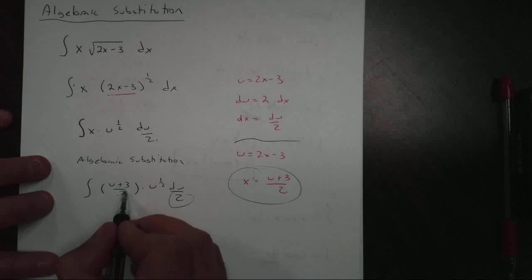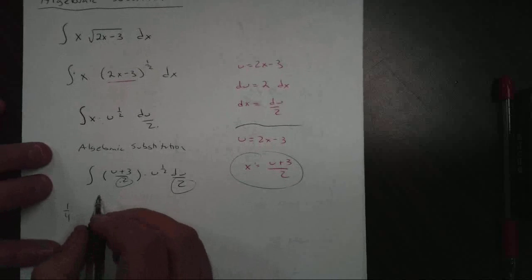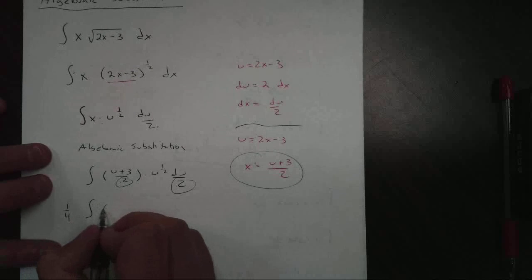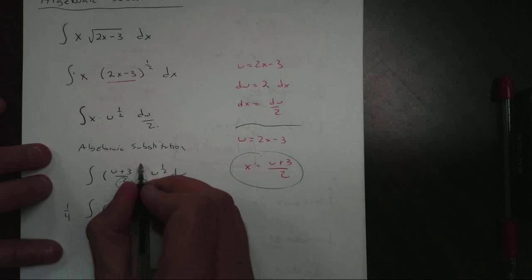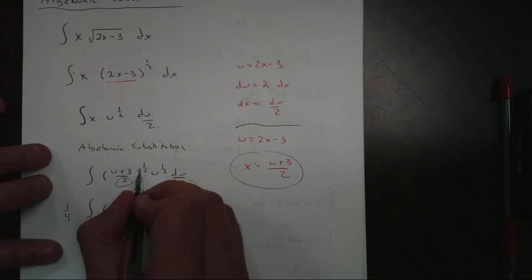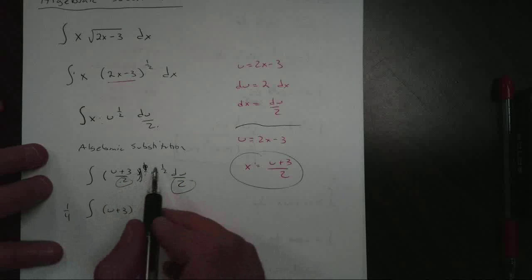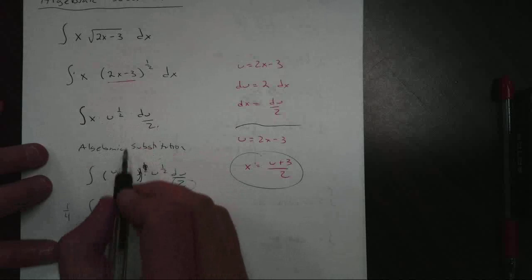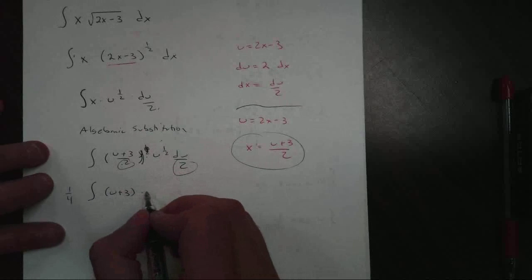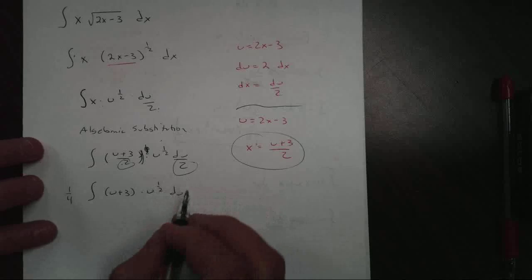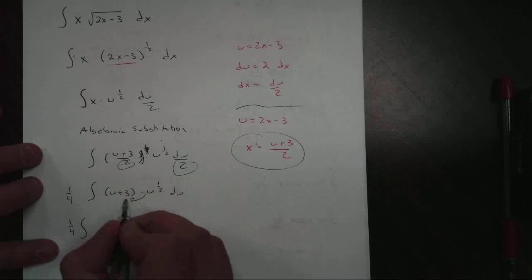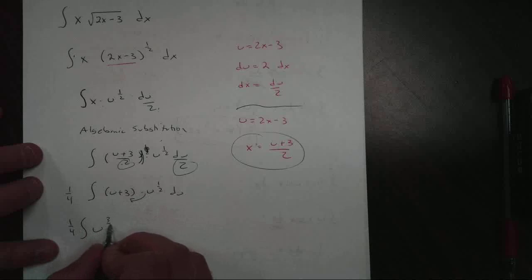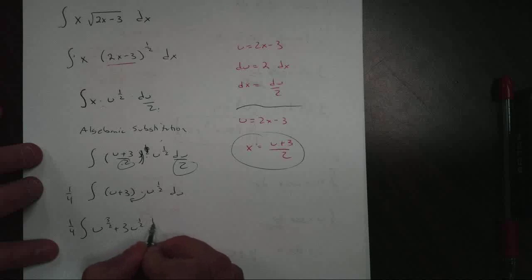But I do have two constants here. I'm going to take them out. That becomes 1/4. And this becomes u plus 3. Whoops, I forgot my 1/2. Oh, no, never mind. There's no 1/2 there. I messed up there. Sorry about that. I misread my problem. So, times u to the 1/2 du. So when I distribute this, I get u to the 3/2 plus 3u to the 1/2.